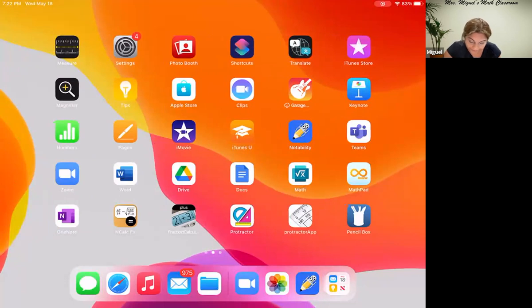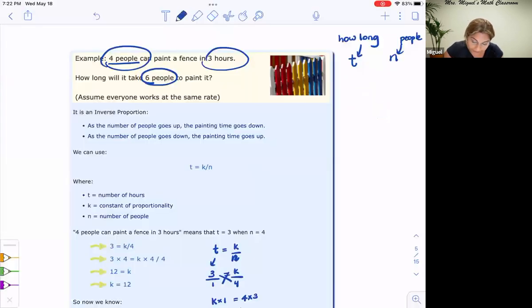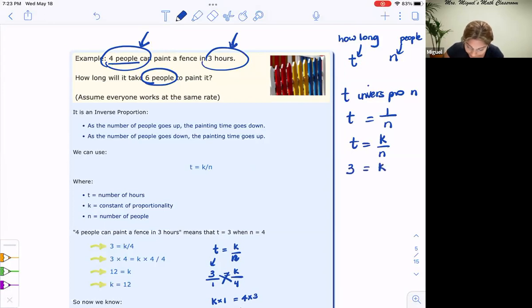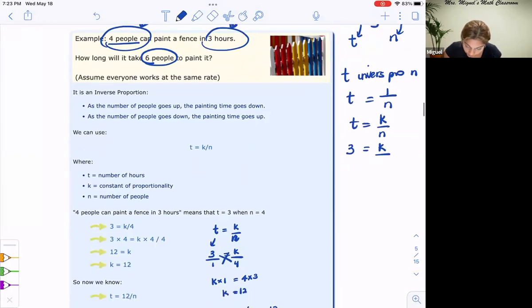Or we can write it as T is inversely proportional, so we put 1 over N. So T is equal to K over N. They gave us N and they gave us T. So replacing T with 3 and replacing N with 4, we can find K. We multiply by 4.